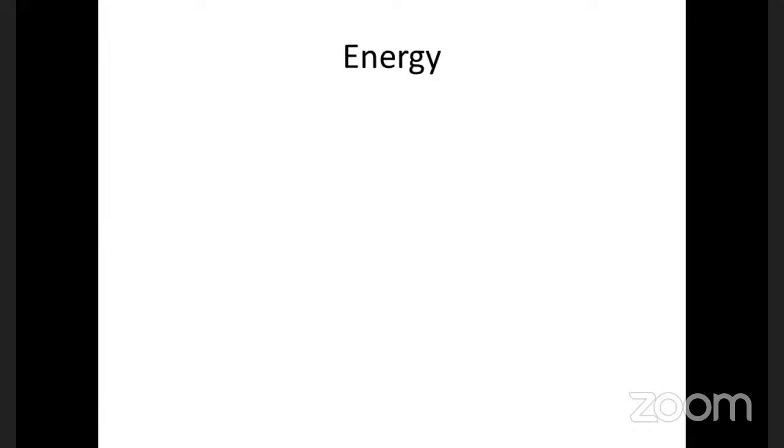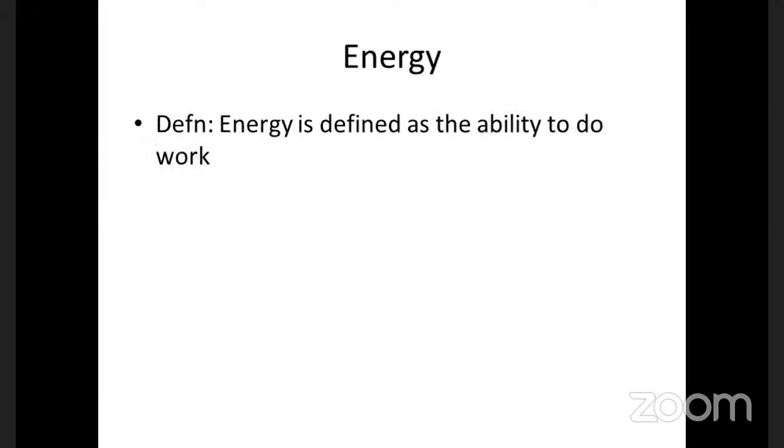Good. Hope, do you have a different view? It's the same. Queen, what do you say? So we're saying energy is defined as the ability to do work.